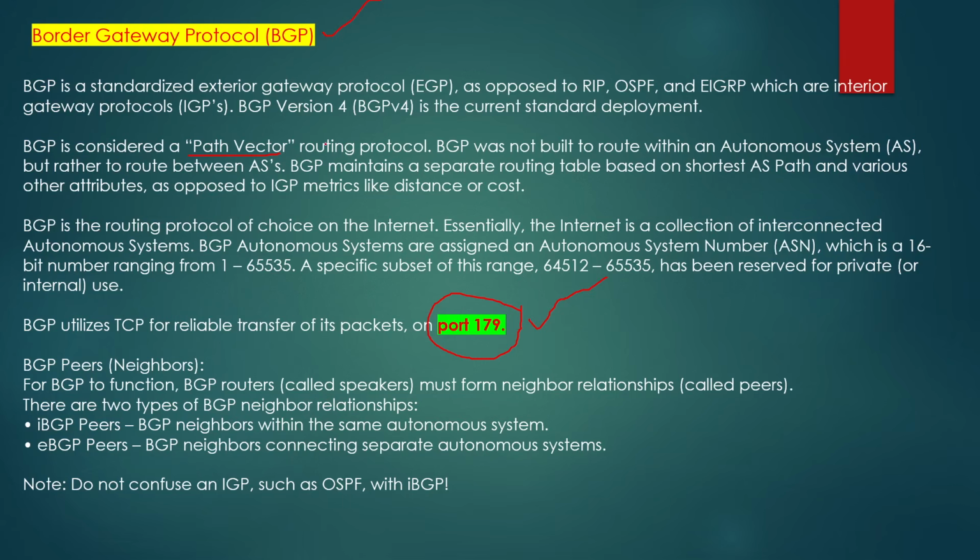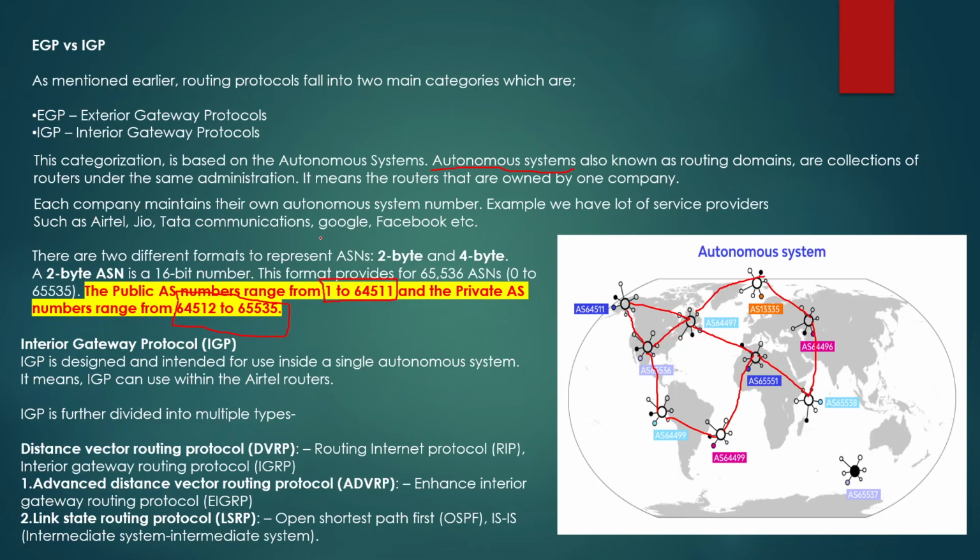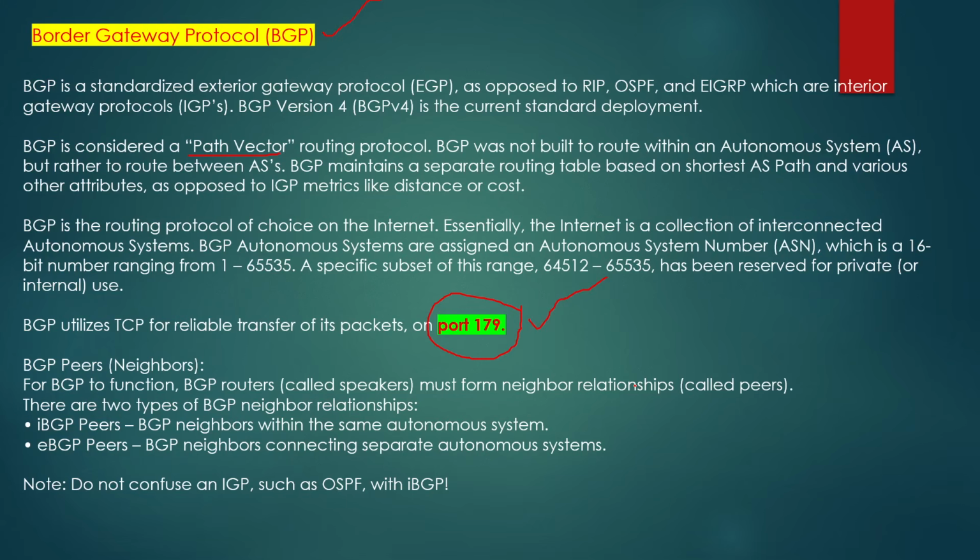You can implement the BGP routing protocol within an autonomous system number also. Generally BGP is designed to be configured between autonomous systems because of its great advantages, but it is used within the autonomous system too. If you use BGP within the autonomous system, we call it IBGP, internal BGP.